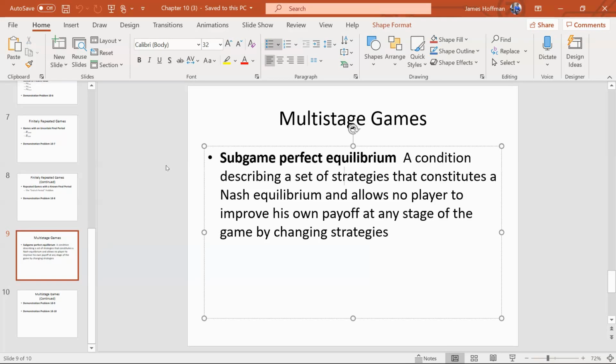This is a condition describing a set of strategies that constitutes a Nash equilibrium that allows no player to improve his own payoff in any stage of the game by changing strategy. So it's a full list of best responses by both players, given the nature of the game. Don't worry about the big words, but I'll show you how to describe it after we develop the game.